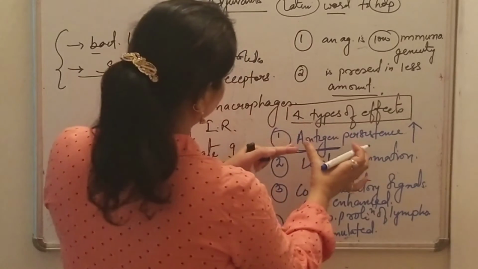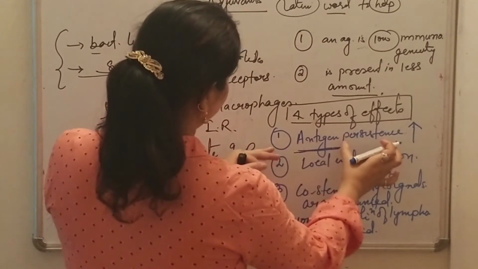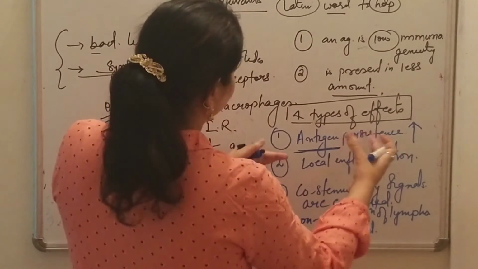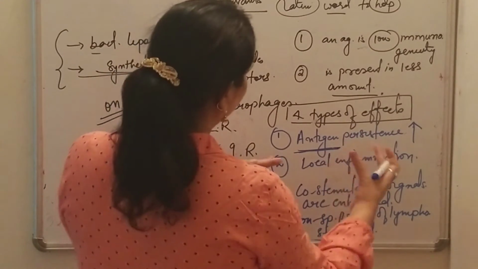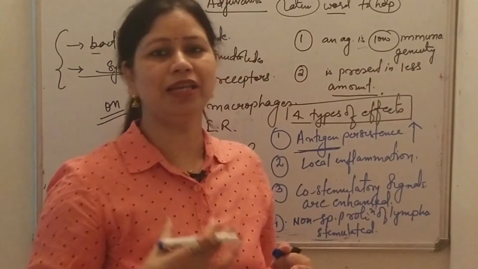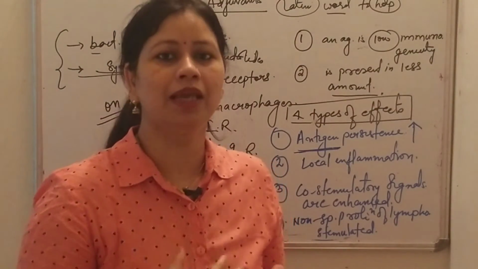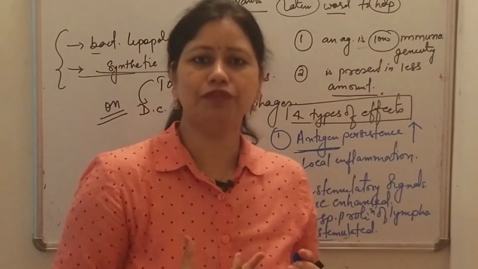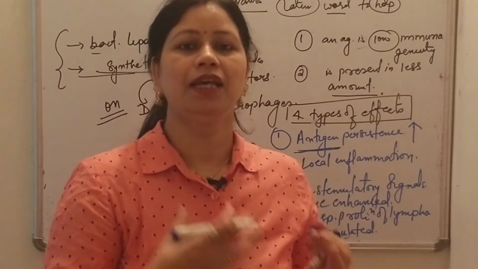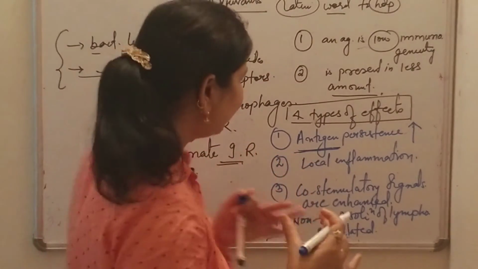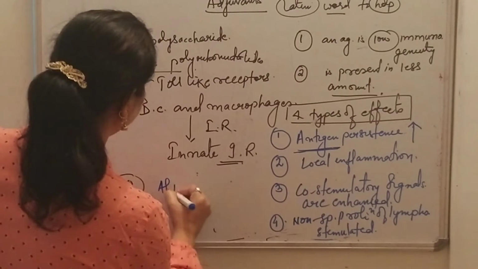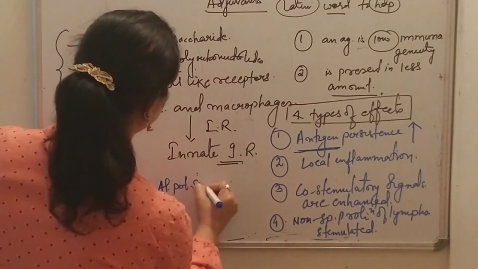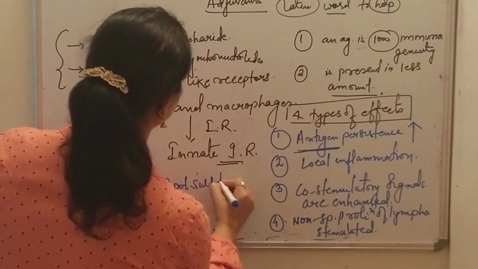Now I will discuss how antigen persistence is increased with the help of an adjuvant. The very commonly used adjuvant approved for human use is alum, which is chemically known as aluminum potassium sulfate.